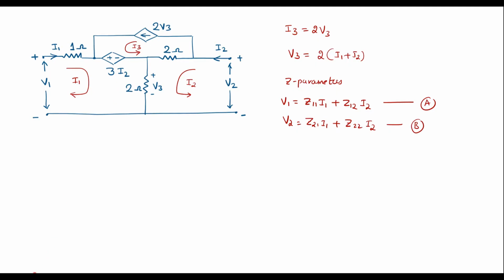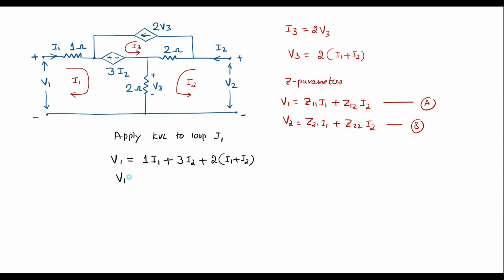So now I will solve this problem using loop analysis method so that the solution will become simpler. Let me apply KVL to loop I1. So I can write V1 is equal to the voltage across this, 1 into I1, plus 3 I2, plus the voltage across this, 2 in bracket I1 plus I2.